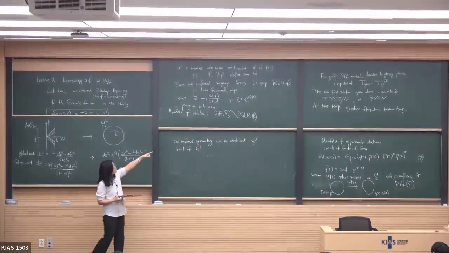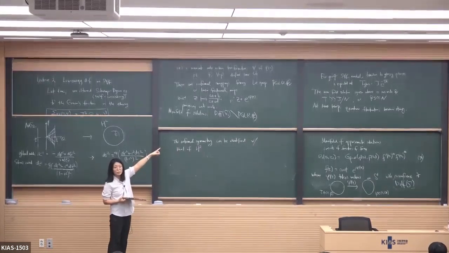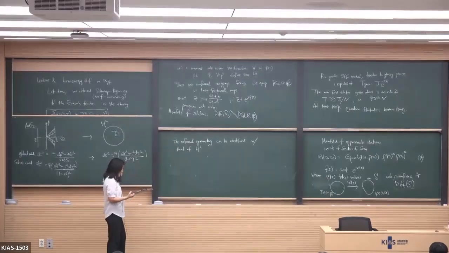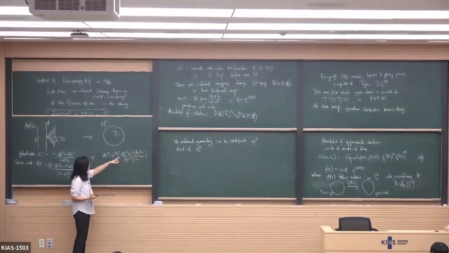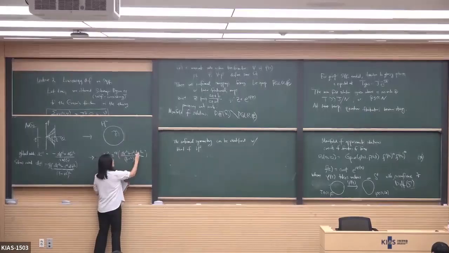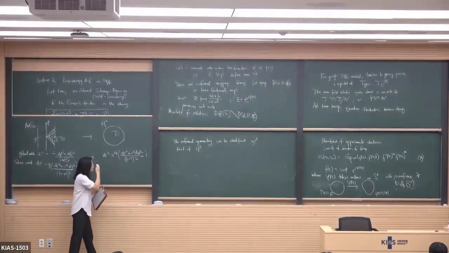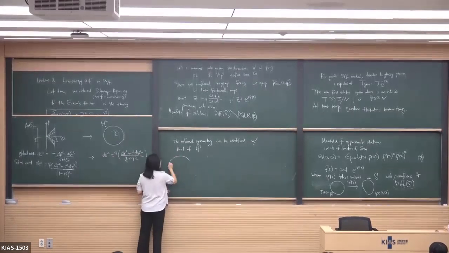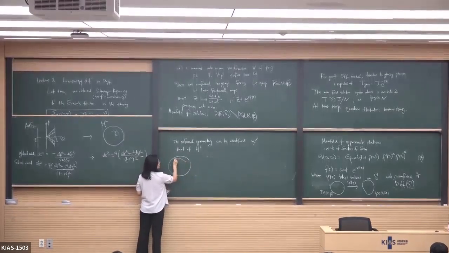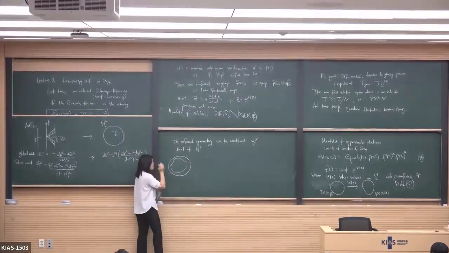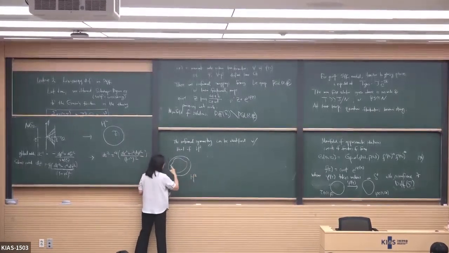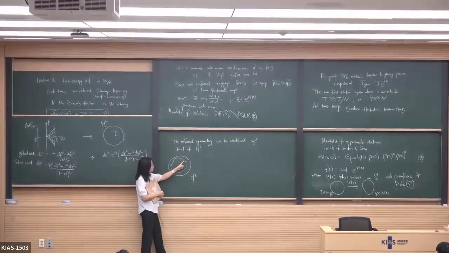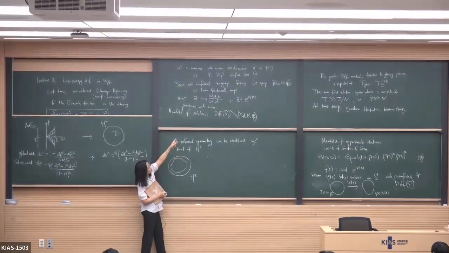Okay. And the degree of freedom phi of tau in the SYK model, the reparameterization, that's going to be identified with the angular coordinate. Sorry, I want to use phi here instead of tau. That phi of tau is going to be identified with the angular coordinate of some curve that lives on the hyperbolic disk. So think about some curve that lives on the hyperbolic disk. We can define a proper length along this curve, right? That proper length corresponds to our physical time tau in the SYK model.